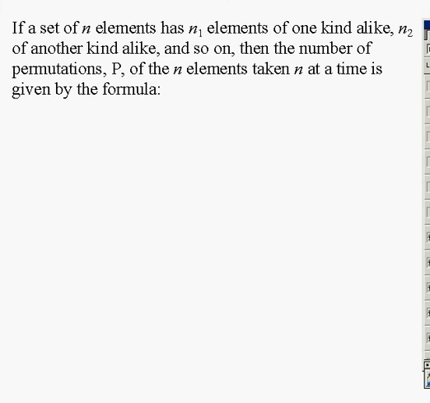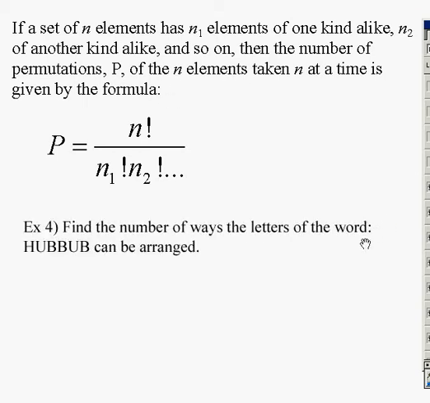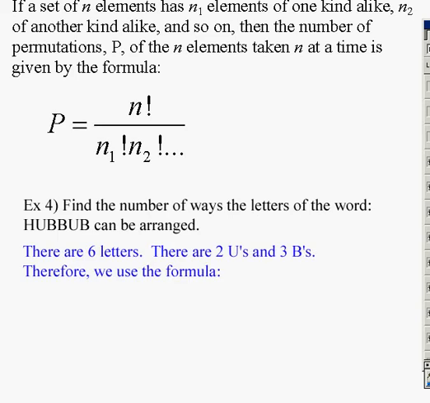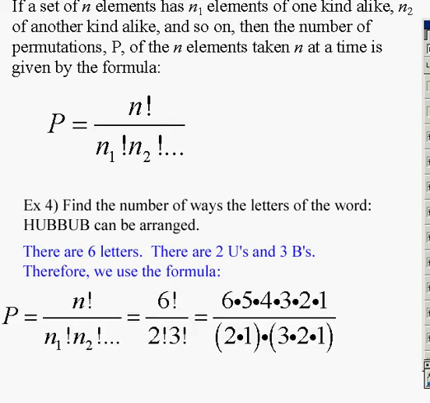If some of those items are the same, we have a slightly different formula. So let's look at another example. We've got the word hubbub, kind of a fun word to play with. So what we're going to do here is see how many letters are the same. So we've got 6 letters, 2 U's, 3 B's.